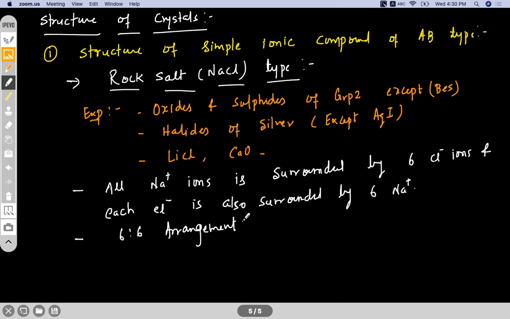So first we'll write the coordination number of cation, and then we'll write the coordination number of anion. 6:6 arrangement we have.